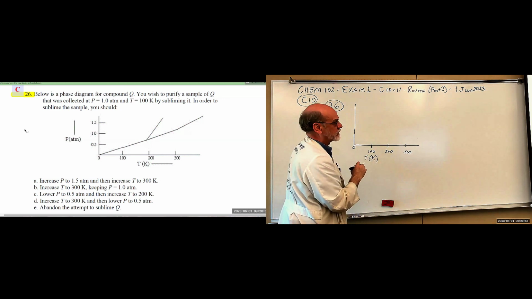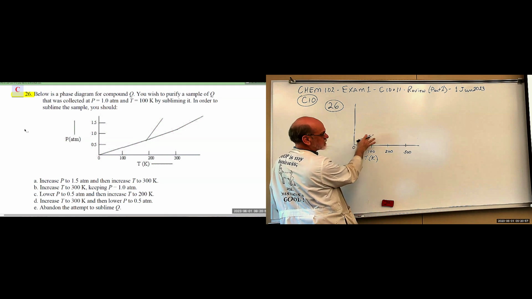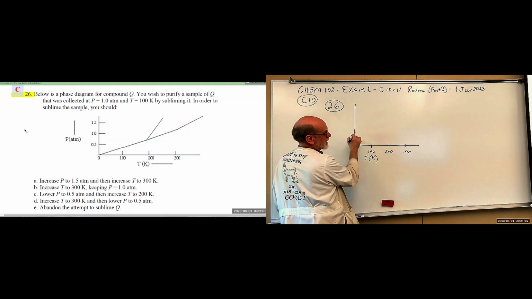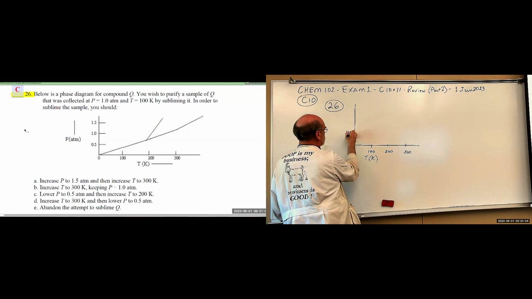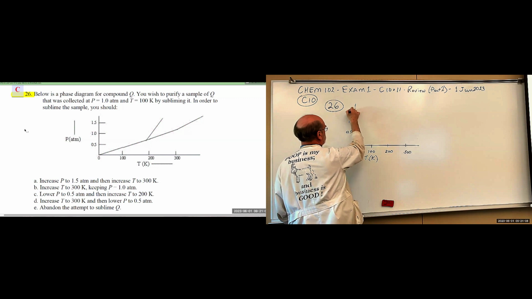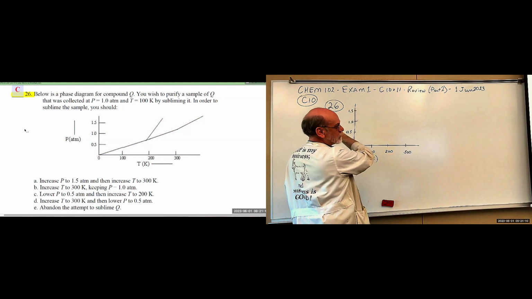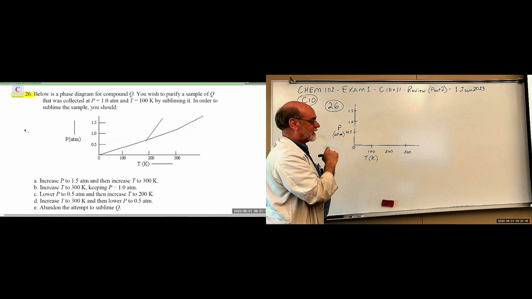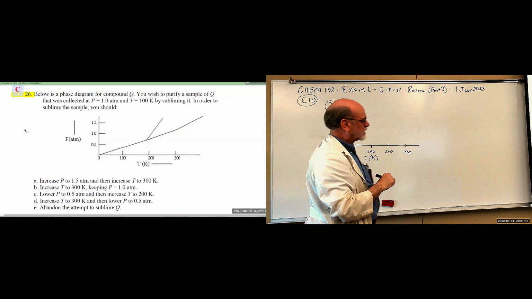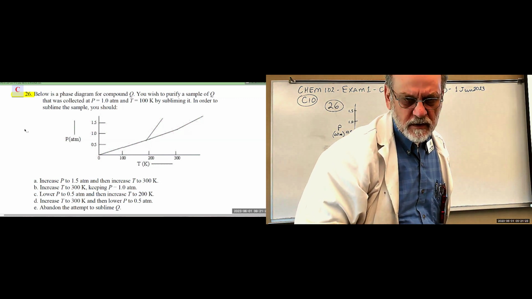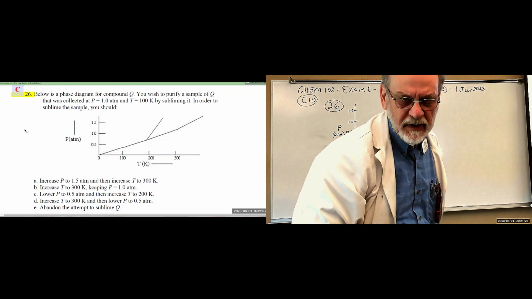Okay. How about pressure? We go up about the same distance here. And that's a half of an atmosphere. Then a whole atmosphere will be here, and 1.5 will be here. Yep, this is pressure in atmospheres. Okay. So now, where's the triple point? The triple point looks like it's just short of 200 and just above 0.5.